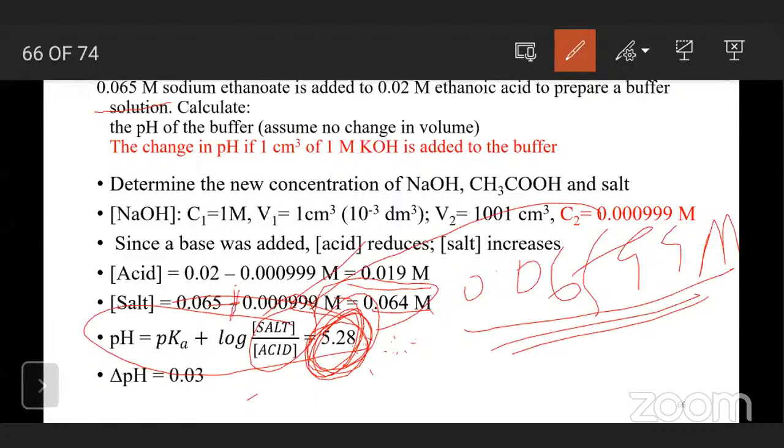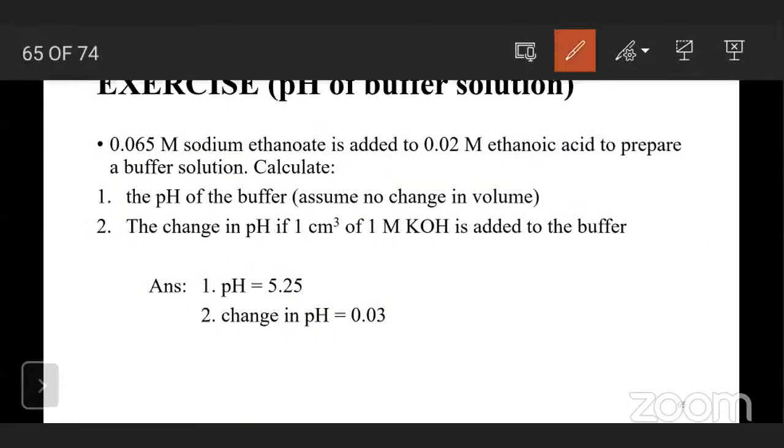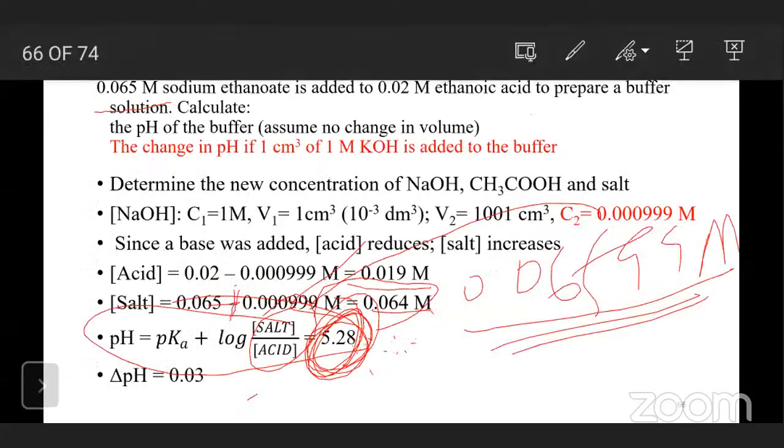Remember that in the previous slide, when we calculated the pH of that buffer, the pH was 5.25. Now, the new pH we have calculated is 5.28.